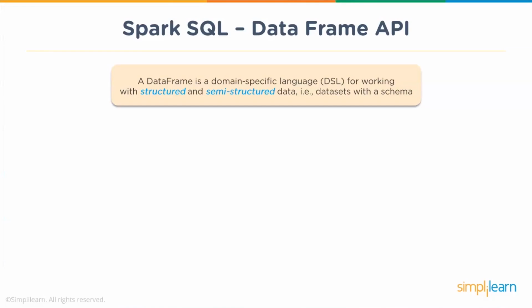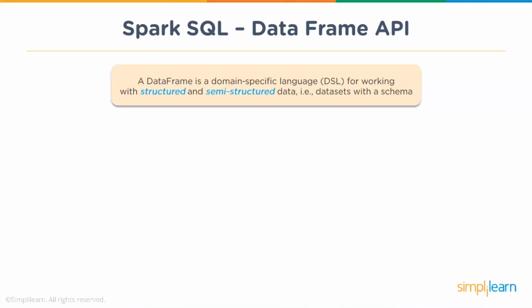Now, when we talk about your data frames and data sets, a data frame is basically a data set organized into named columns. So what is a data set? A data set is a distributed collection of data. It's a new interface which was added in Spark 1.6, which provides the benefits of RDDs such as strong typing, ability to use powerful Lambda functions, and with the benefits of Spark SQL's optimized execution engine.